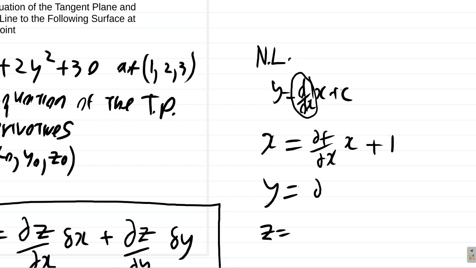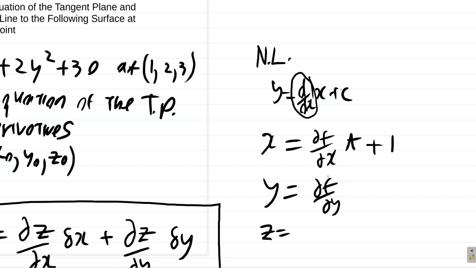Then we have y is delta f by delta y, the gradient of the function with respect to y. Oh, my mistake. I said it earlier, I know, and I didn't remember. I made this mistake shortly after saying it. We're going to use a parameter, which is t, right?